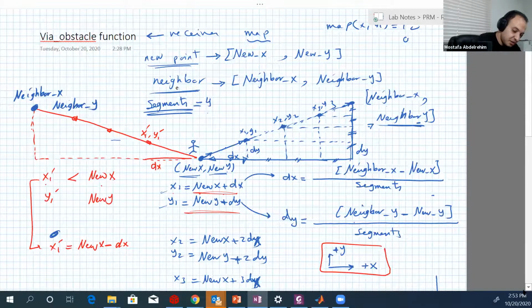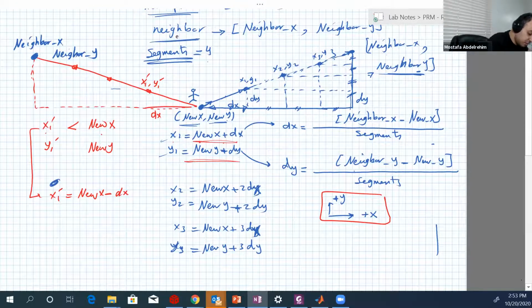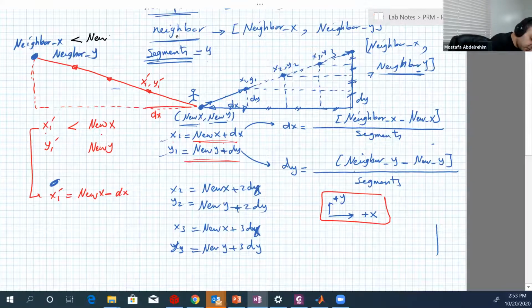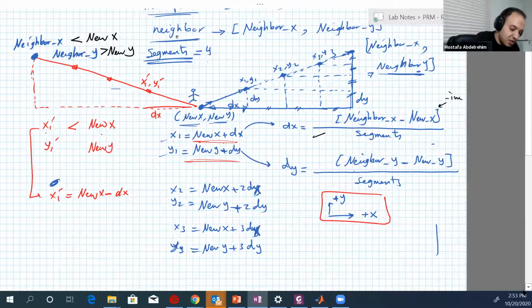In that case, neighbor x is less than new x, and the neighbor y is greater than new y. So if we apply this equation, neighbor x is less than new x, so this will be negative, right?